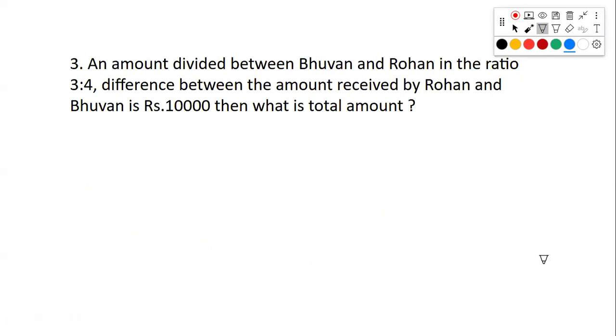So let's go forward. Try this one. An amount is divided between Bhuvan and Rohan in the ratio 3 is to 4. The difference between the amount received by Rohan and Bhuvan is 10,000. Then what is the total amount? Different variations. If you understand the concept, now you can easily handle the variations. Simran says 70,000. How about others?